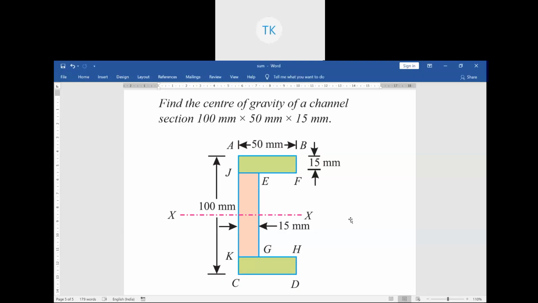Can you see the numerical now? Nothing, sir. We can't see anything. I've shared my screen actually. Why are you not able to see? Now, yes, sir. Okay.